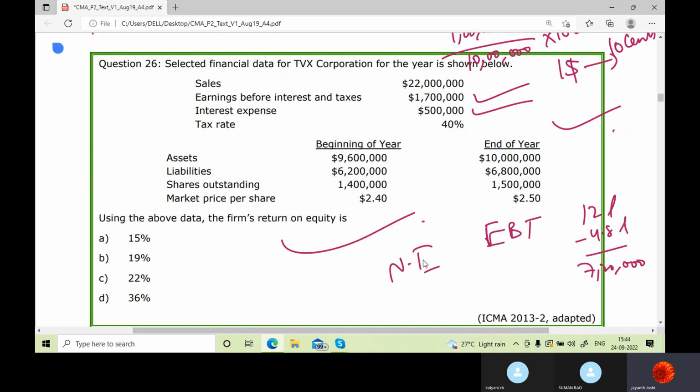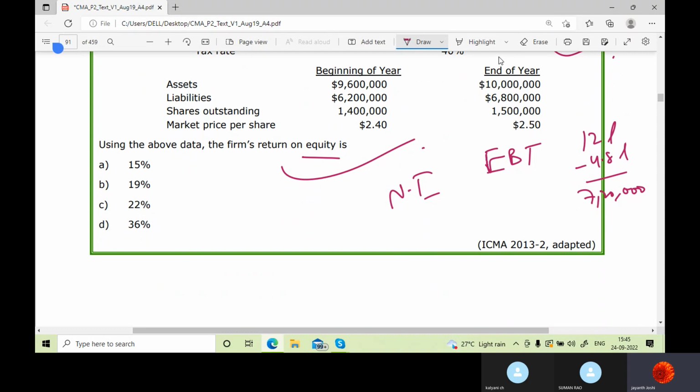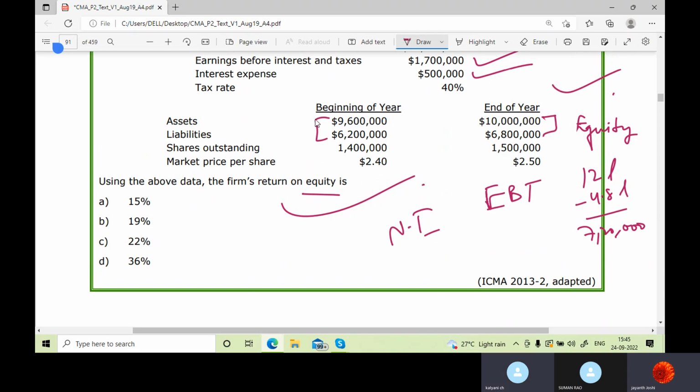Net income we got. Return on equity they're asking. Now your problem is, where is this equity? Not given. So you know one thing, correct? From your assets minus liabilities, you get equity.